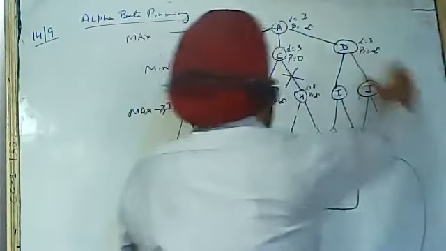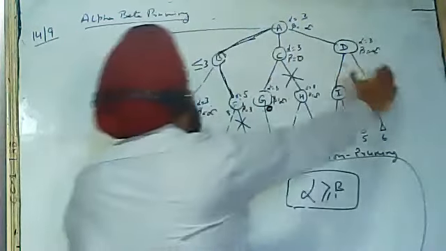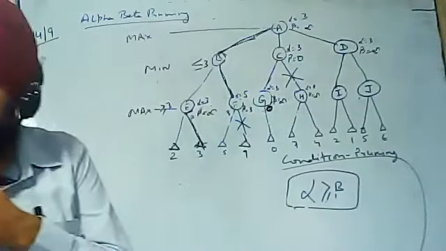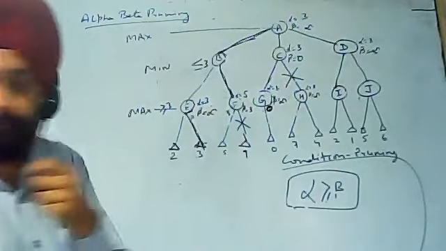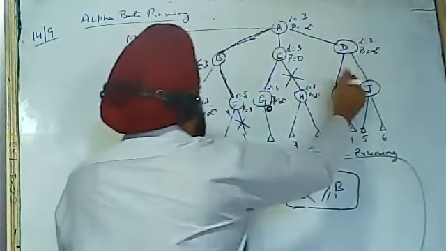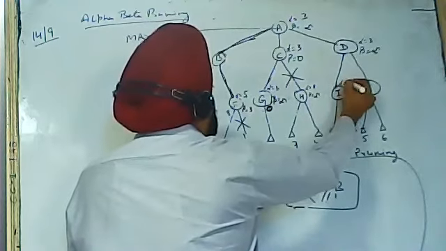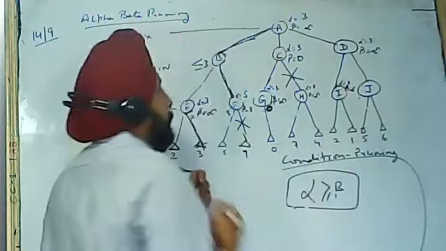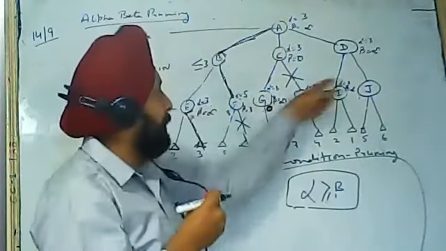So now let's come to this. Now you carry this one here. So alpha is 3, beta is infinity. You come here downwards. Alpha is 3, beta is infinity. So it is max turn. Alpha value will change.